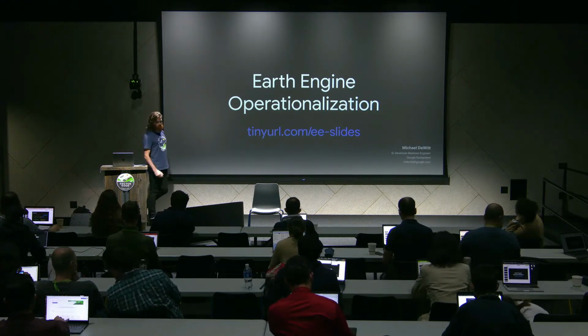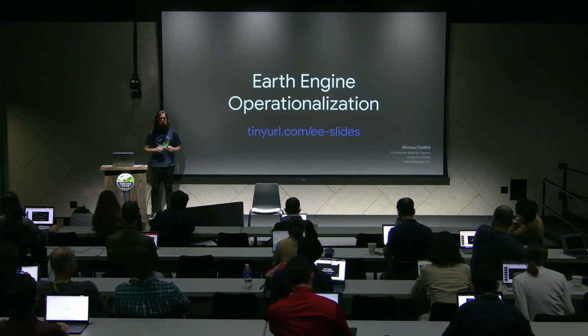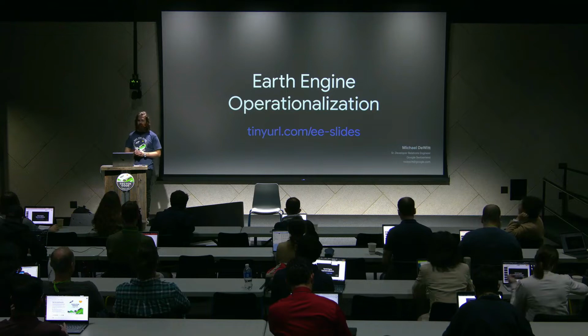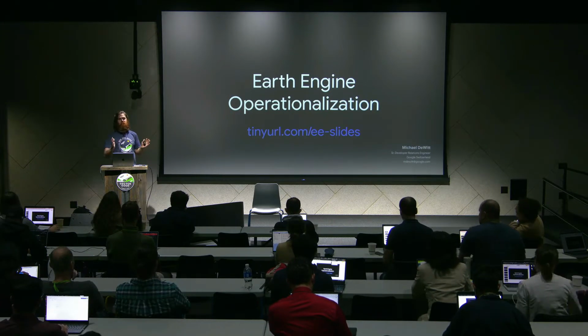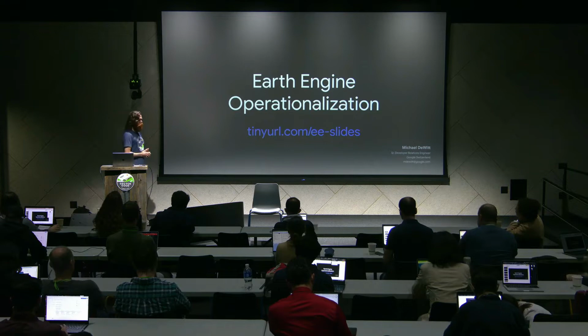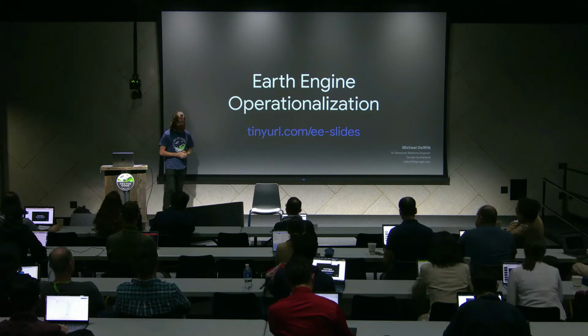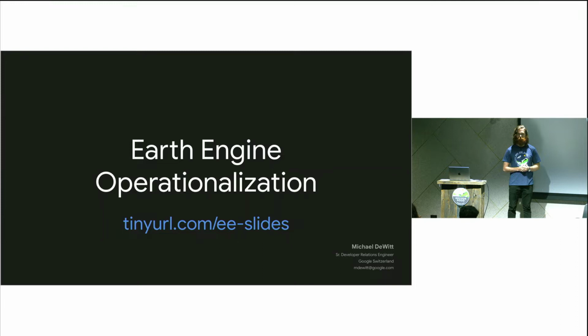I am a developer relations engineer on the broader geosustainability team. I have been in the Earth Engine mix for almost a decade. I started in 2012 as a software engineer, building out many pieces of the Earth Engine architecture: components in the back end, image processing algorithms, data manipulation, moving data around, extracting information, all the way through front-end components, some pieces of the Earth Engine Code Editor, and Earth Engine apps.